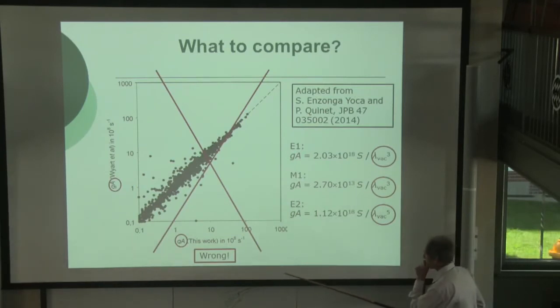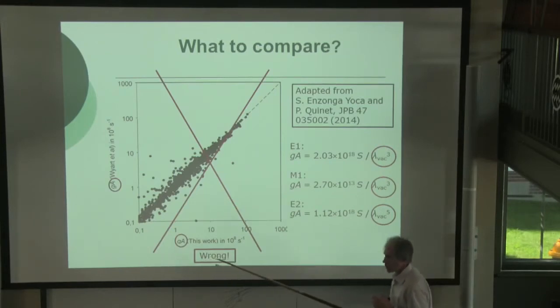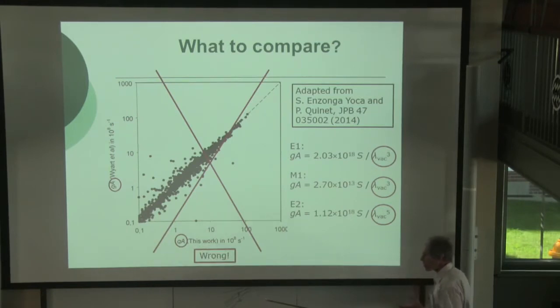I will not be talking much about that. The only thing that matters for transition rates is that there is one feature that many people observed. Weak transitions are usually calculated worse than strong transitions. And the meaning of strong and weak has to be expressed in terms of the line strength, not the oscillator strength, not the A value, because these are secondary quantities derived from your line strength, which is the reduced multipole moment squared.